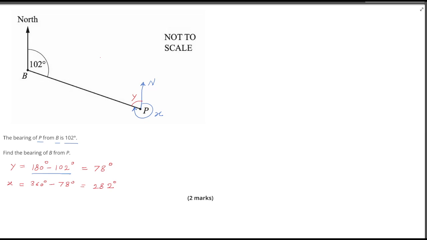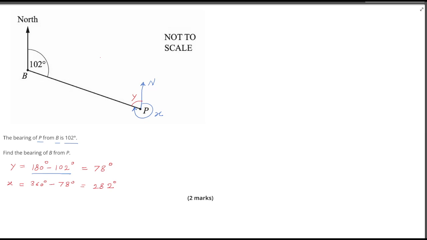Say for example, they have given you the bearing of B from P, which is 282, and they ask you the bearing of P from B. Then as the bearing of B from P is more than 180 degrees, to get the bearing of P from B, you simply subtract 180 degrees from this 282 degrees. So the idea is simple. When the bearing of a point A is less than 180, then to find the bearing of A from B, you simply add 180. Otherwise, if it is more than 180, you simply subtract 180 degrees.